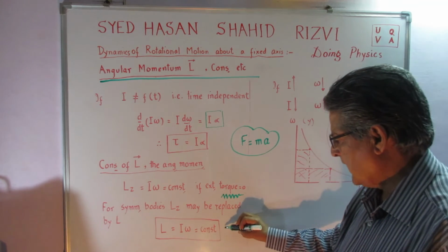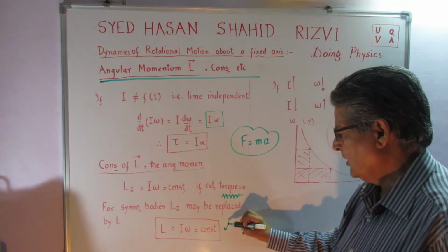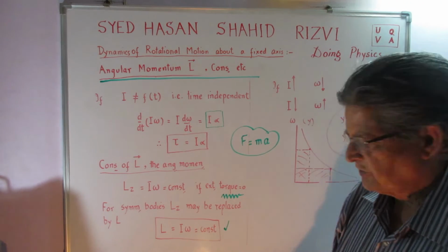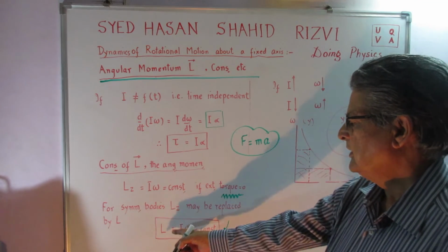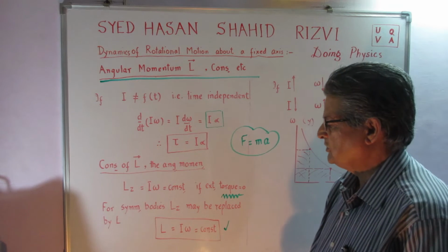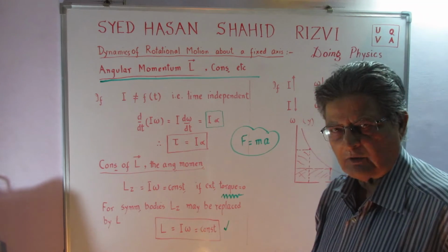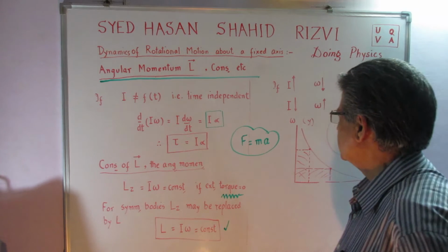Because Lz and L are one and the same, we say that the angular momentum of the system is equal to the moment of inertia multiplied by the angular velocity, which is equal to a constant.